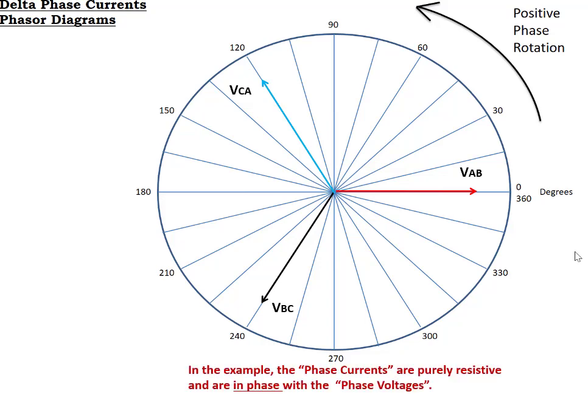And the load that we're using is a purely resistive load, so the currents are in phase with the phase voltages.